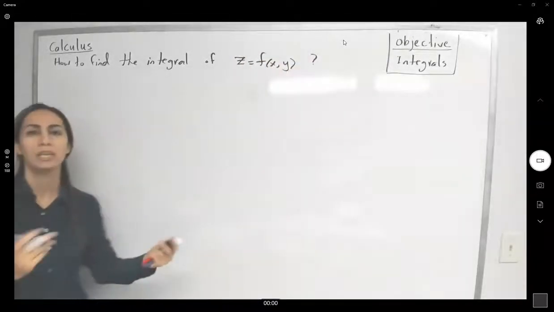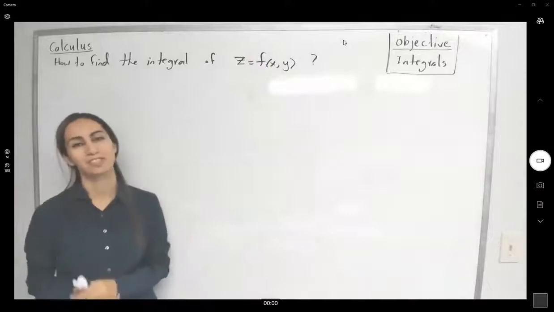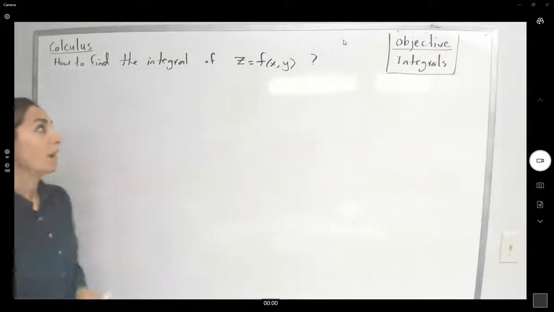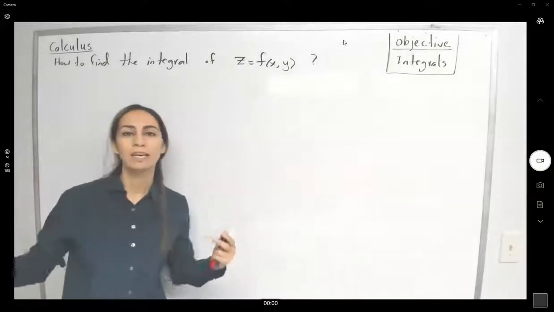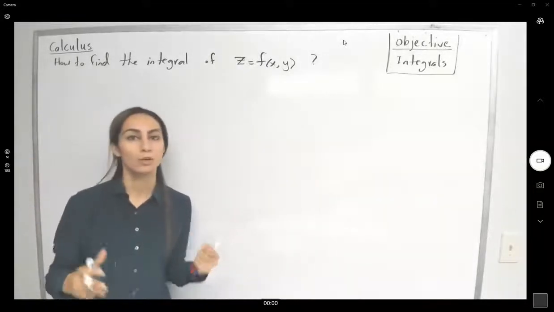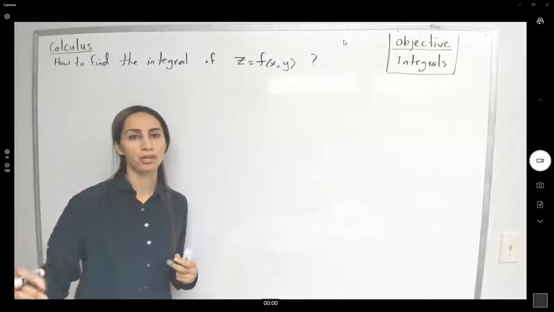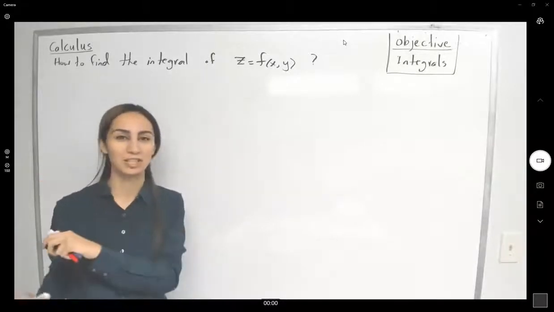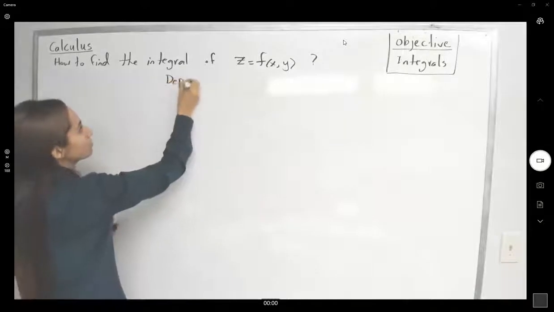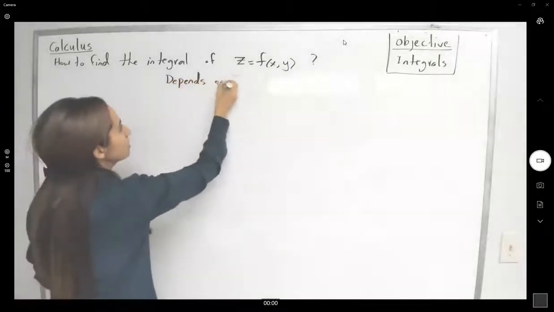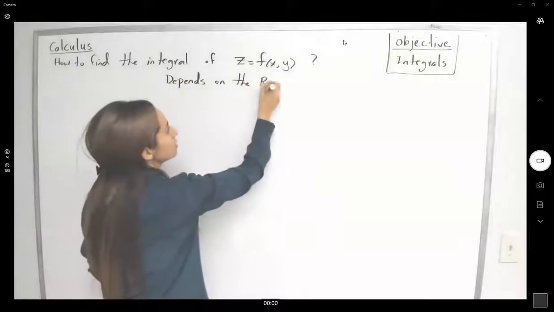This is the question that we're trying to answer. To answer this question, we need to specify the region over which we're trying to take the integral. So you can write down: it depends on the region.